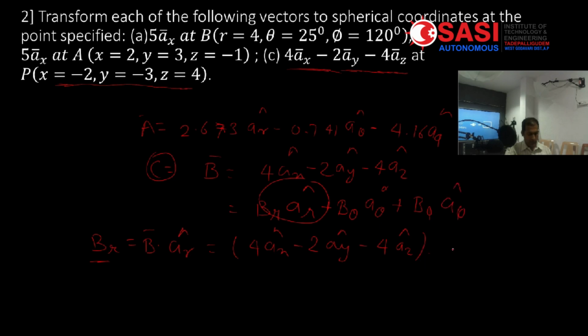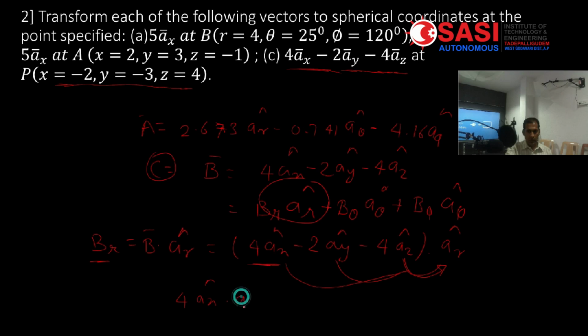What is the direction? The direction for this is AR cap, BR AR cap. So we have to take the dot product of these three terms with AR cap. So if we solve, what we will get?